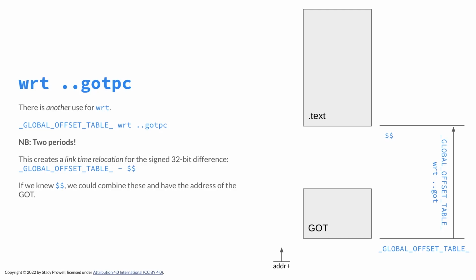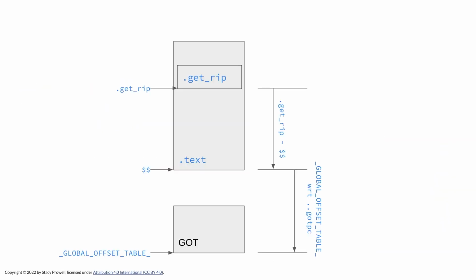If I knew the address of the global offset table, I could get the address of the text section by using that global offset table with respect to GOT-PC, by using that offset. Can I know either one of those? Well, if I can do global offset table, I'd be done. So that's not the answer. But maybe I can figure out $$. And once I have that, then I can use this offset to get the address of the global offset table.